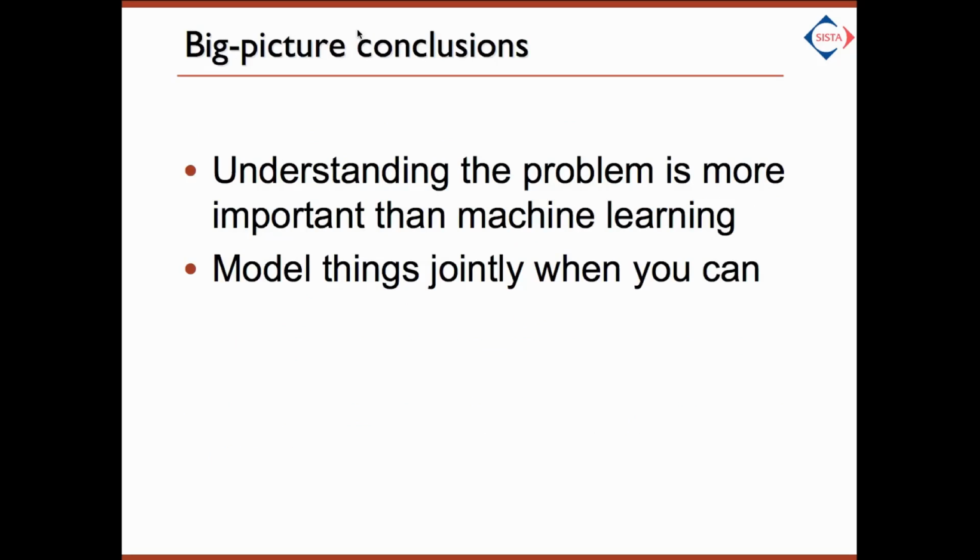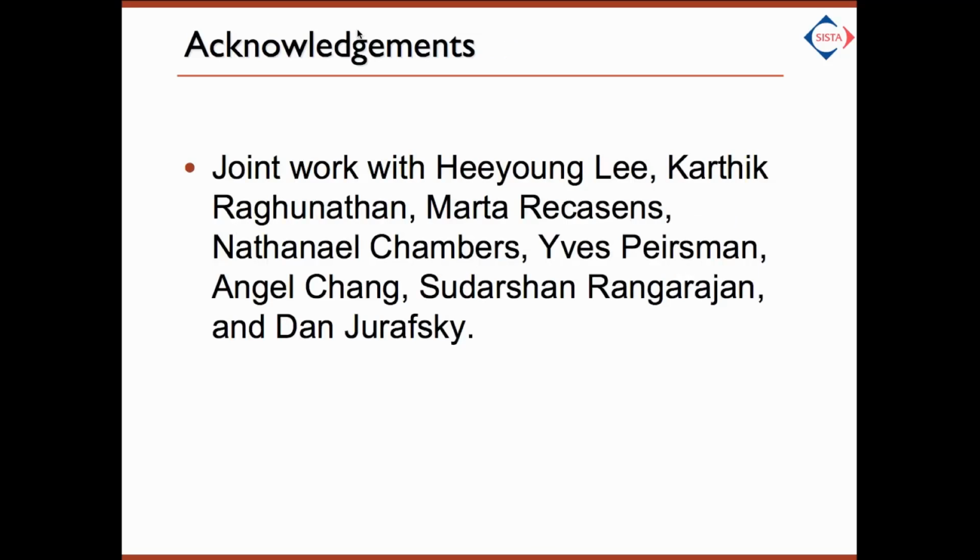Understanding the problem is more important than machine learning. You can't just take a machine learning model and blindly apply it. As we saw in the first part of the talk, if you understand the problem, you don't even need machine learning in some cases. And model things jointly when you can. I showed that in the second part of the talk. And this was work by our Coreference group at Stanford. So thank you to them.